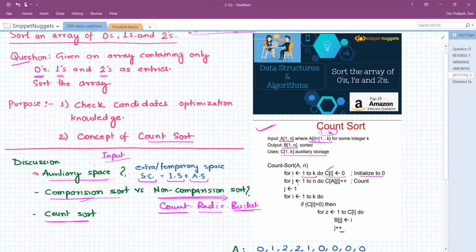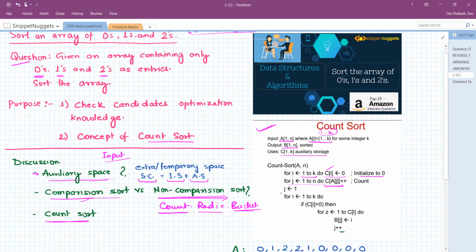And then for all the elements in the input array A, we will increment the count each time that element is found. So for example, if 0 is found, we will do C[0]++, meaning we increase the counter. If 5 is found, we increase the counter for 5 by plus plus, and so on.